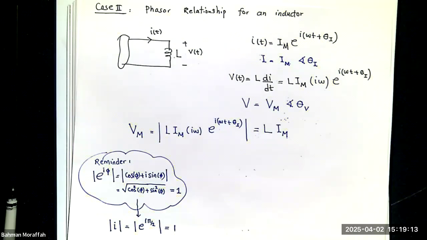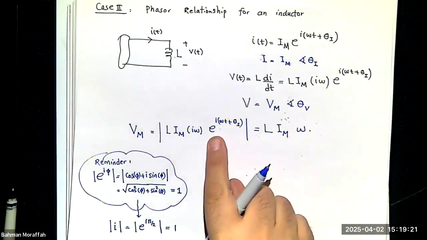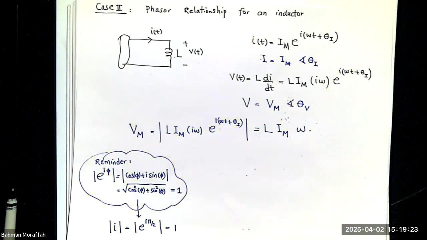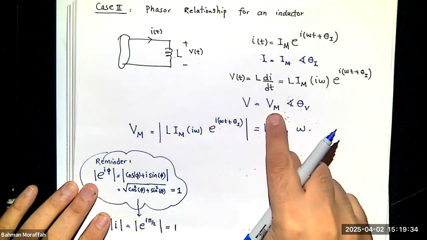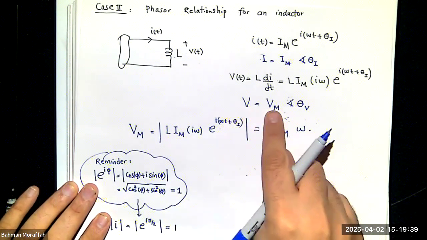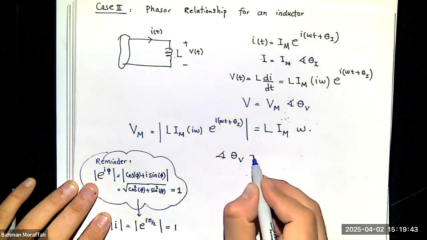So what is the absolute value of i omega? It's omega. What is the absolute value of e to the power of i whatever? 1. So this is Vm, the magnitude of this V. How about theta V?